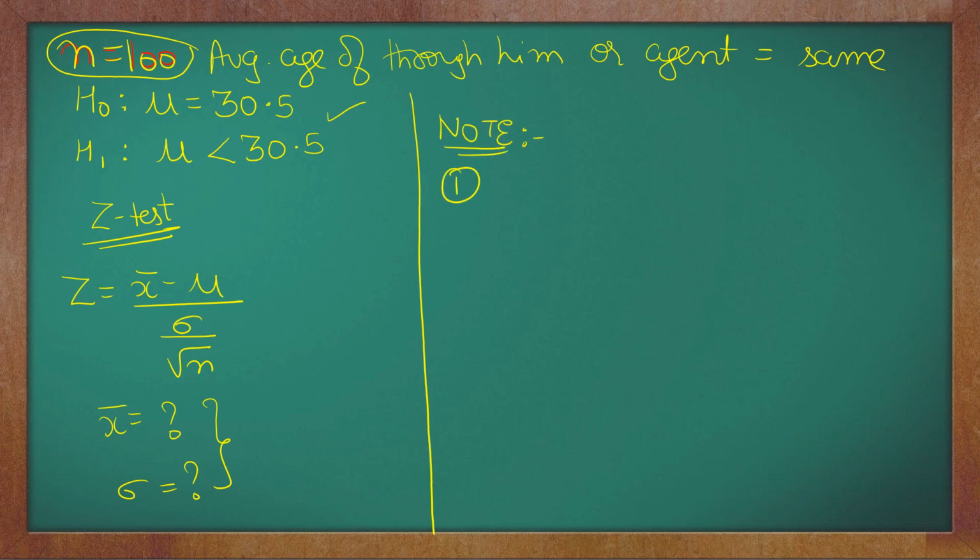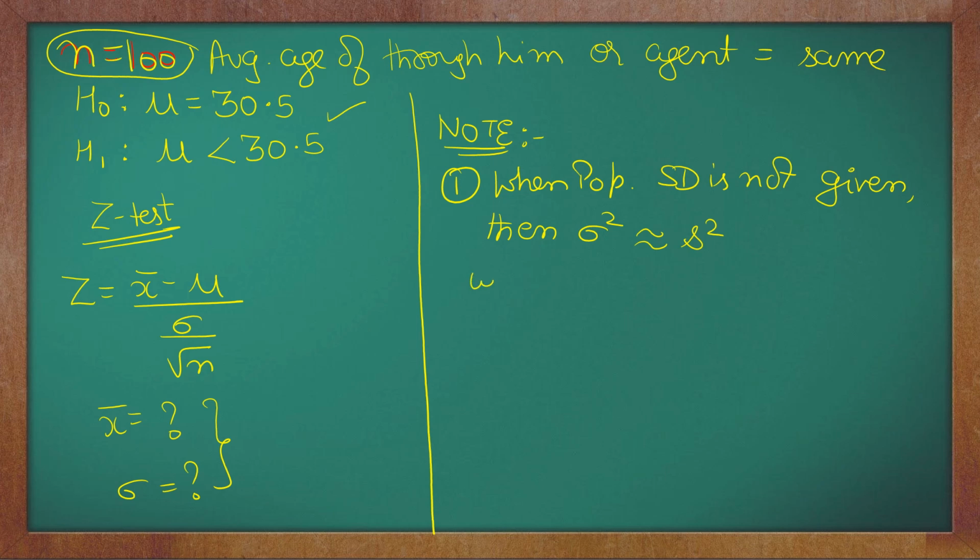It's very important: when the population standard deviation is not mentioned in the question, then sigma square, the population variance, is taken as equivalent to the sample variance.